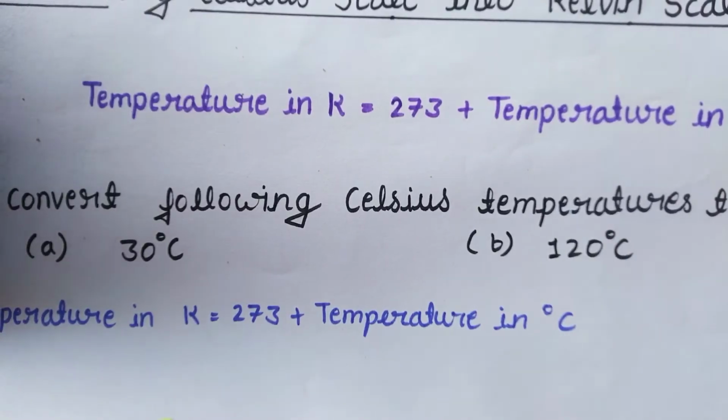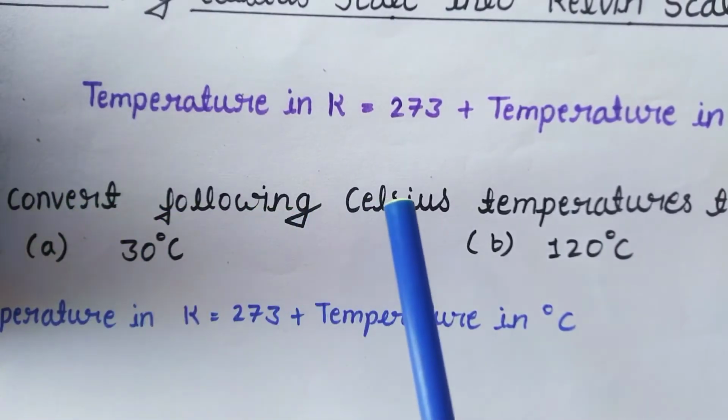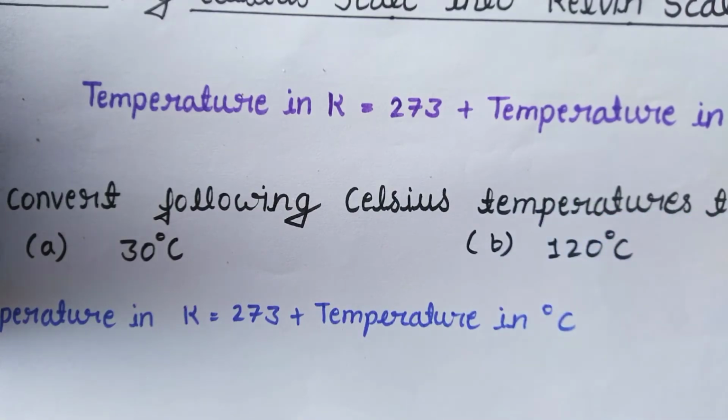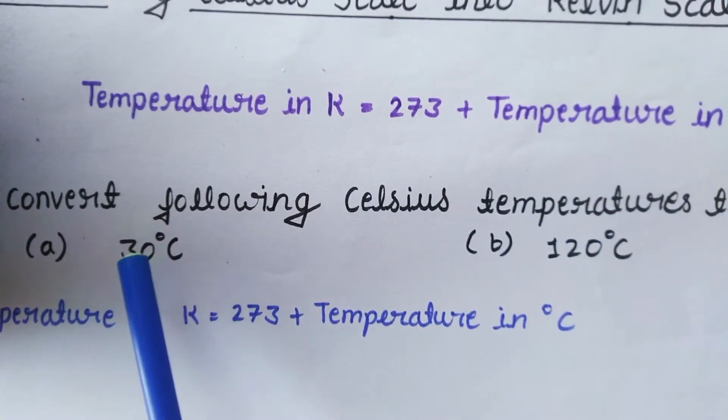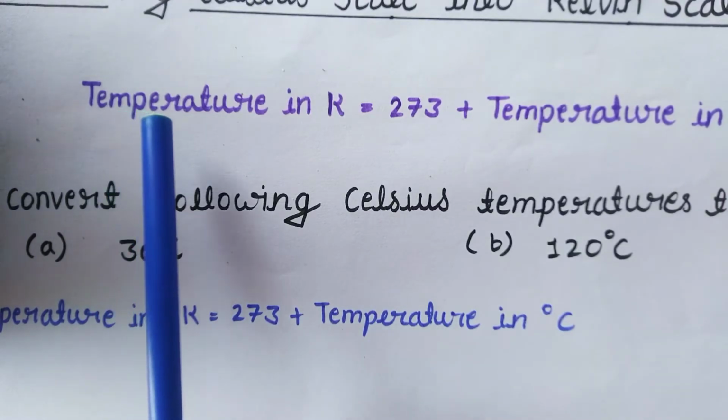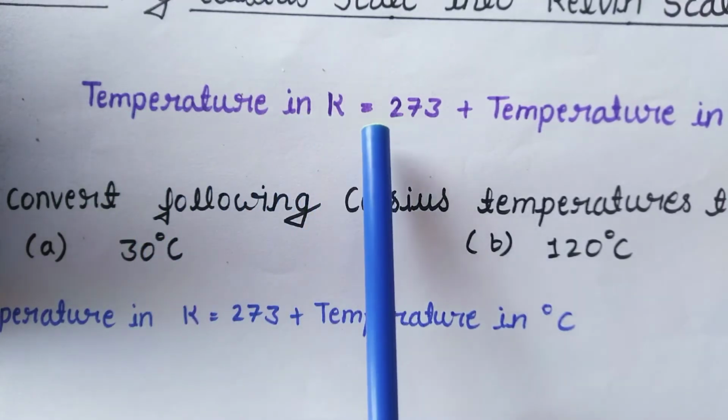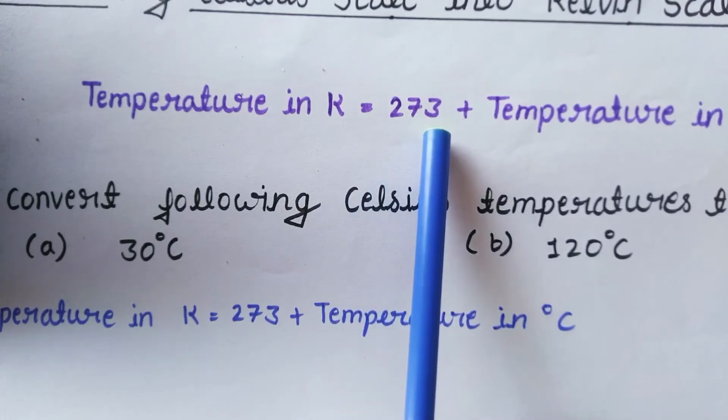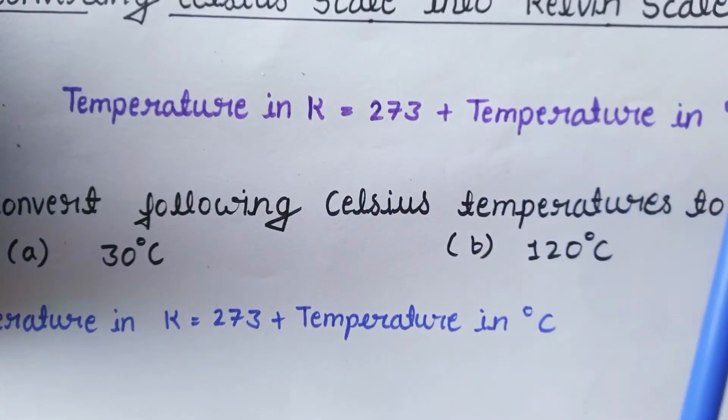Let's see some example. Convert following Celsius temperatures to Kelvin. First, 30 degrees Celsius. Dear students, using the formula temperature in Kelvin is equal to 273 plus temperature in degree Celsius.